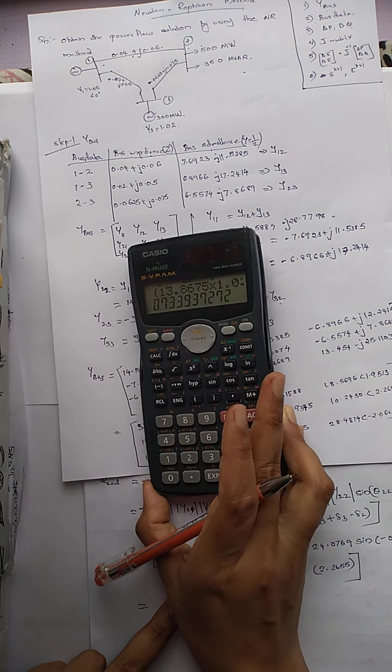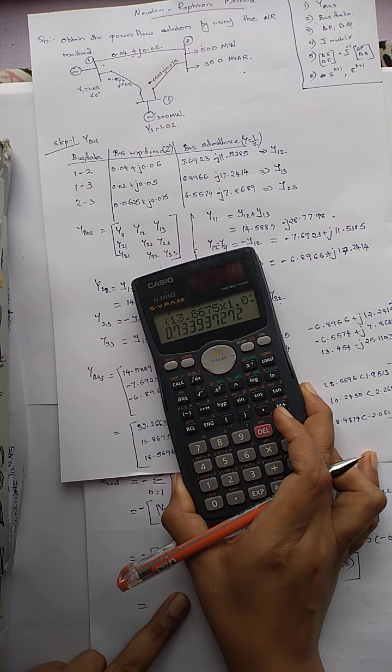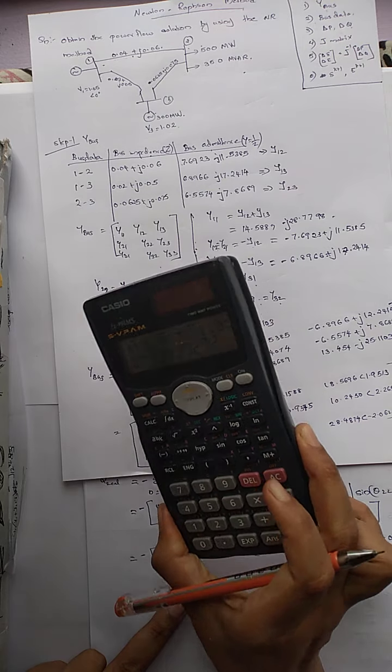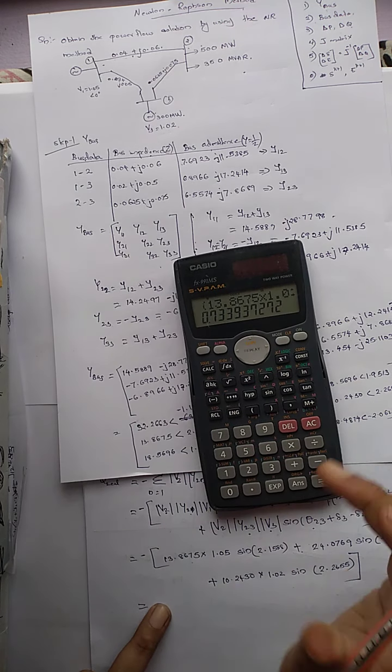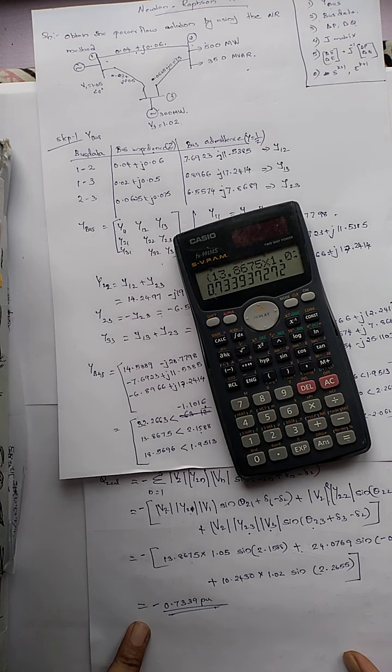So I will get my value as 0.7339. Q2 calculated is 0.7339 per unit.